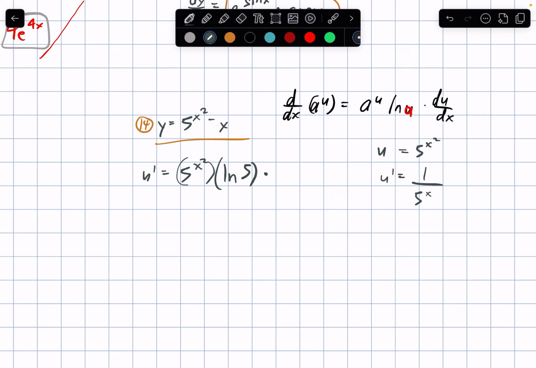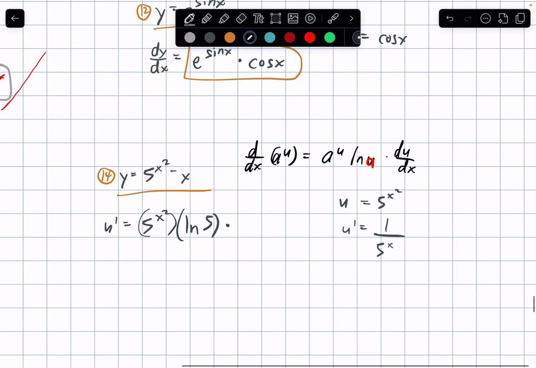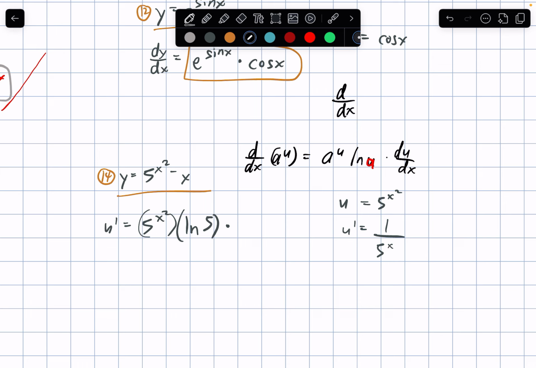Wait, let me... Okay, I think we're using the same formula still.